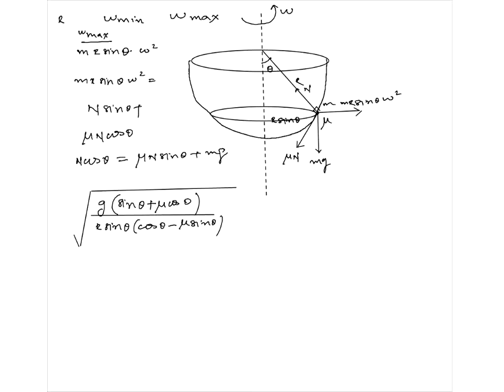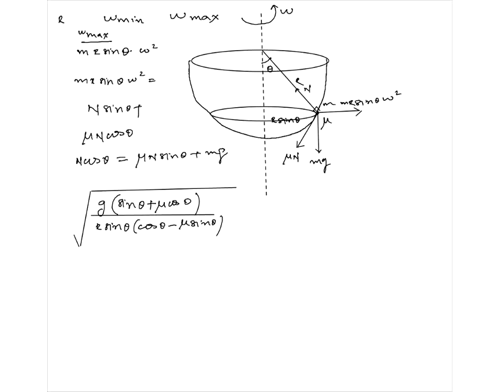That means mu n cos theta, right? That's right side. Left side only normal reaction, and this angle is 90 minus theta, sin theta. And sin theta will have to balance these two.